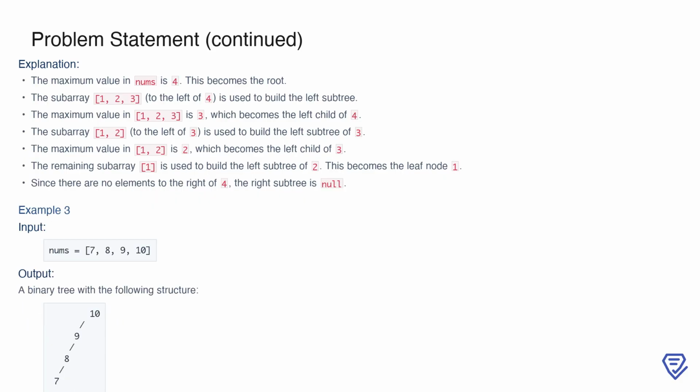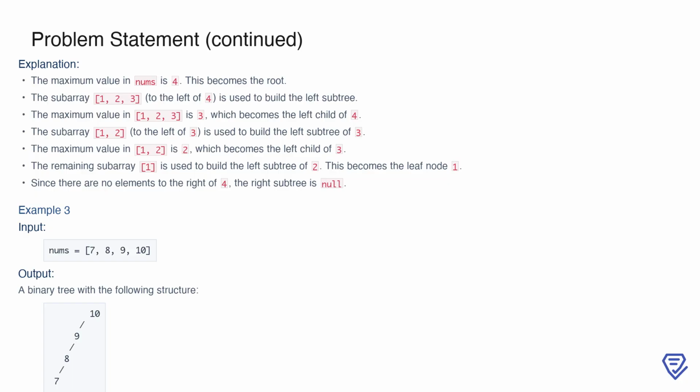Let's consider another example with the array nums equals 1, 2, 3, 4. Here, the maximum value is 4, so it becomes the root of the tree. The elements to the left of 4, 1, 2, 3, are used to build the left subtree. In this subarray, 3 is the maximum, so it becomes the left child of 4.